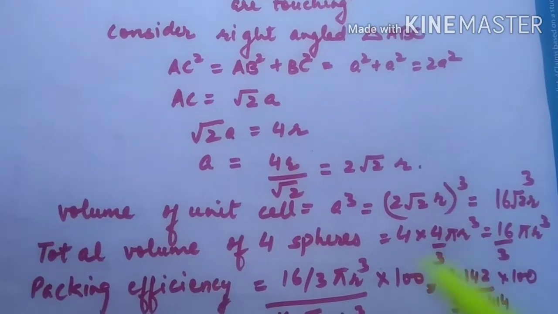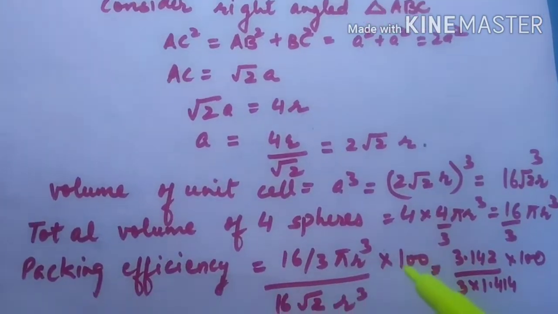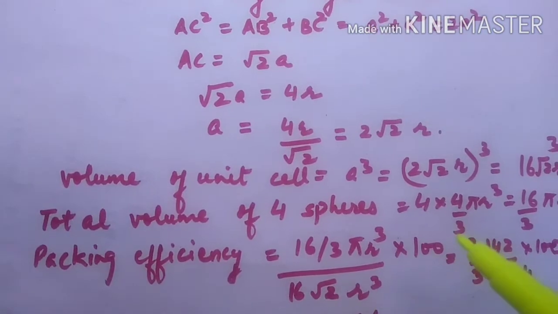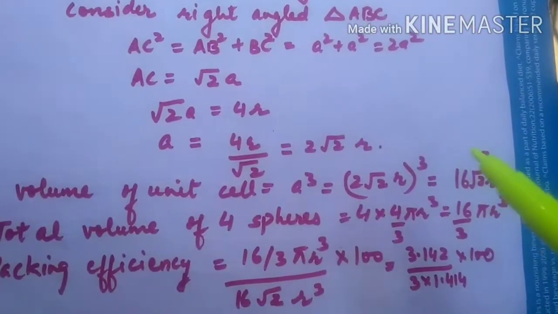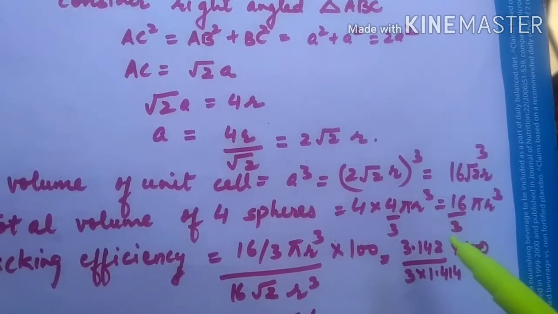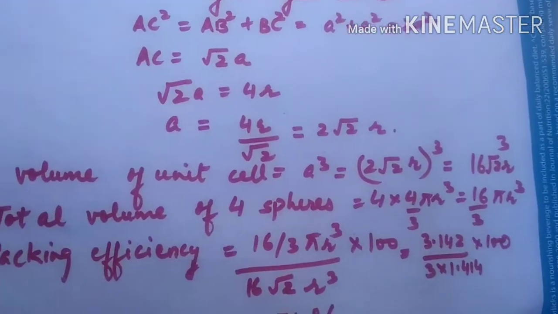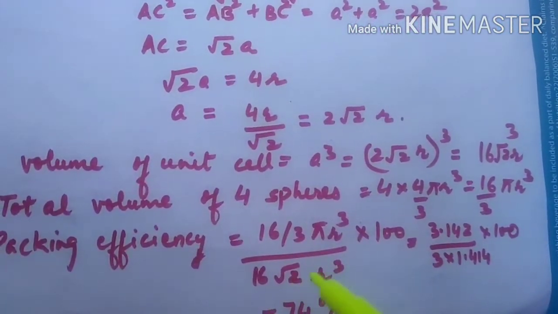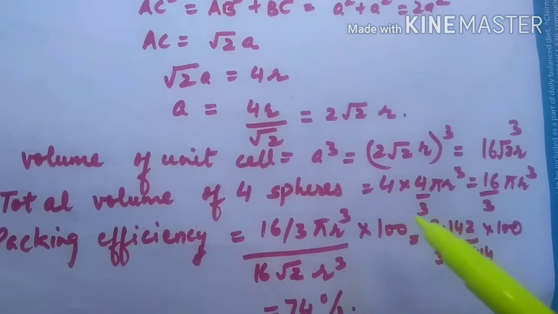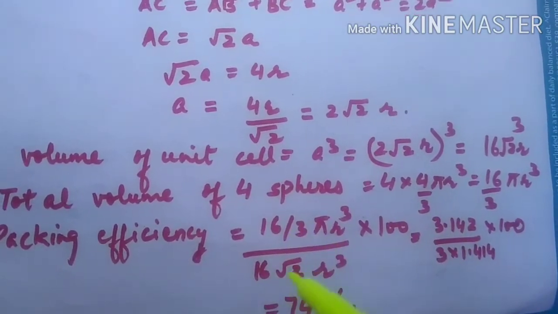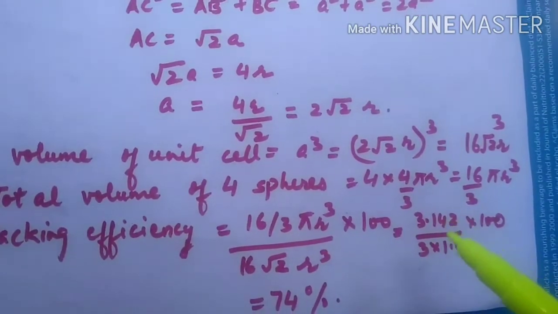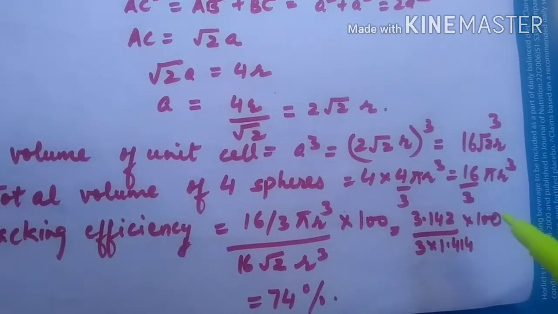Now packing efficiency is volume occupied upon total volume into 100. Volume occupied was 16 by 3 pi r cube. Total volume was 16 root 2 r cube, into 100. Cancelling these out, we get the value pi by 3 root 2 into 100.